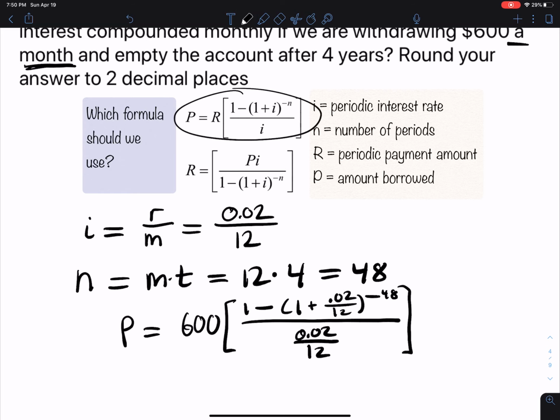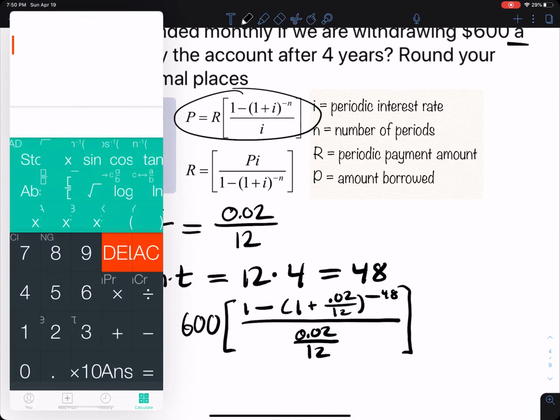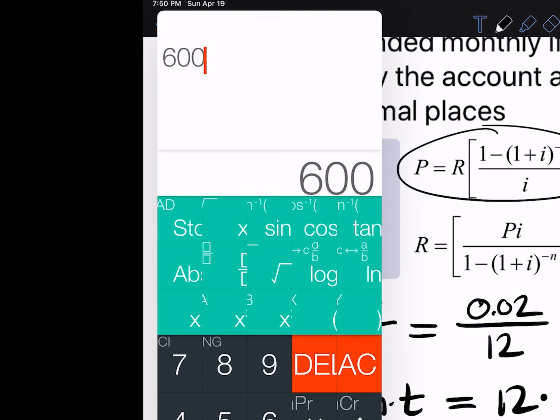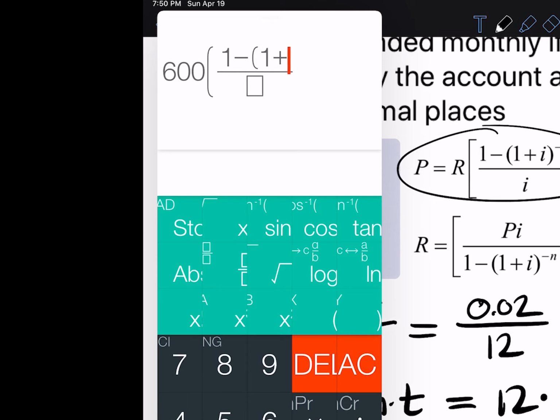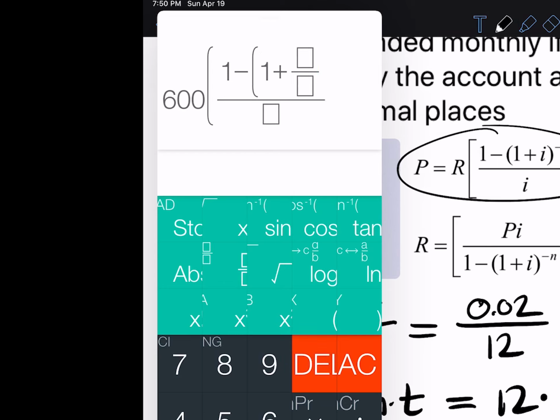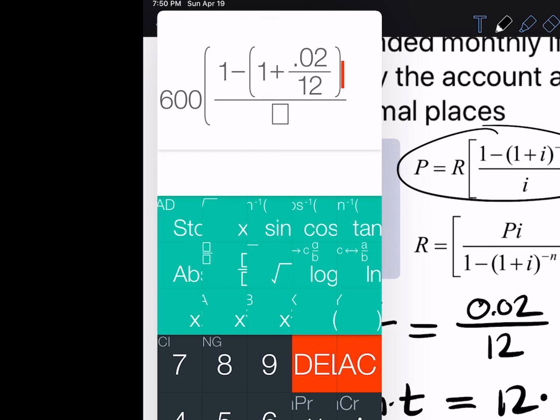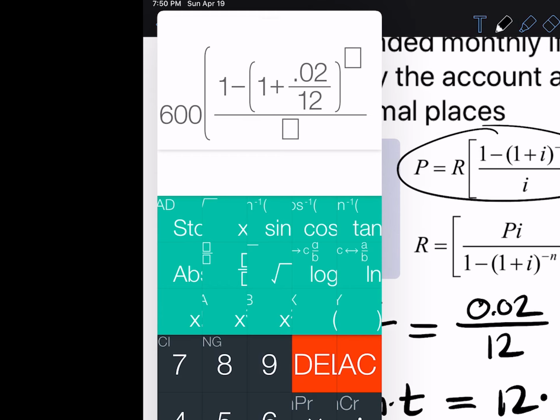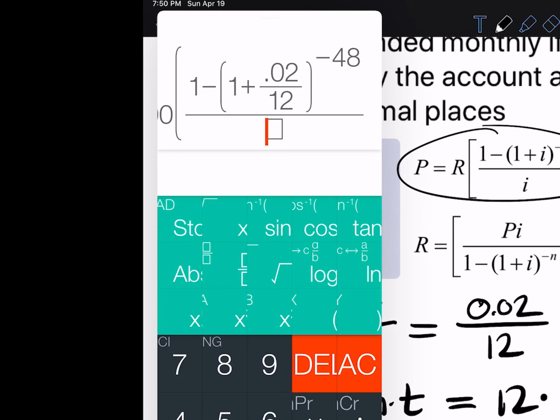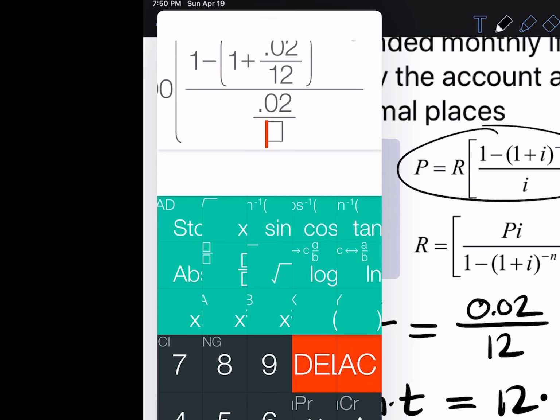So let me pull up a calculator. You need a really good calculator for this. So 600 times the fraction: 1 minus parentheses 1 plus 0.02 divided by 12, close that parentheses, raised to negative 48, divided by 0.02 divided by 12.